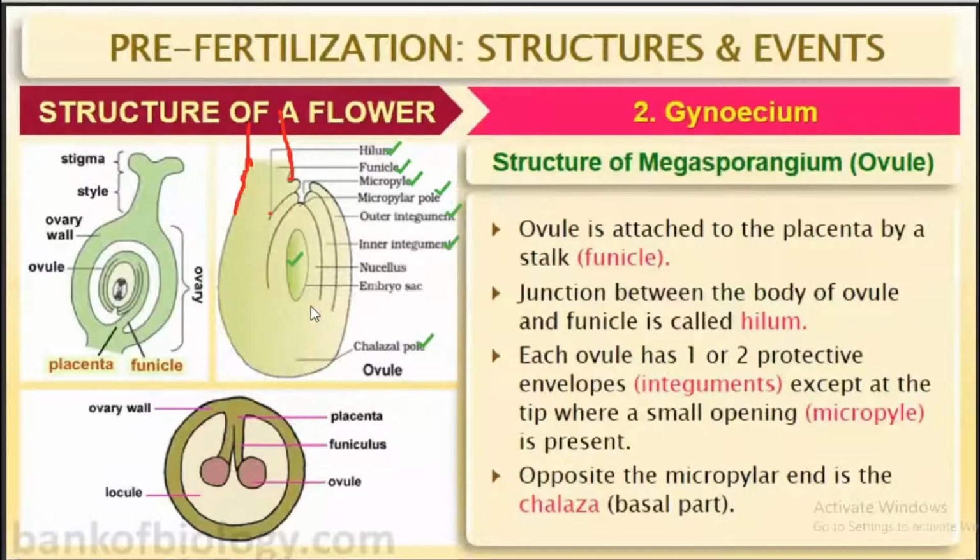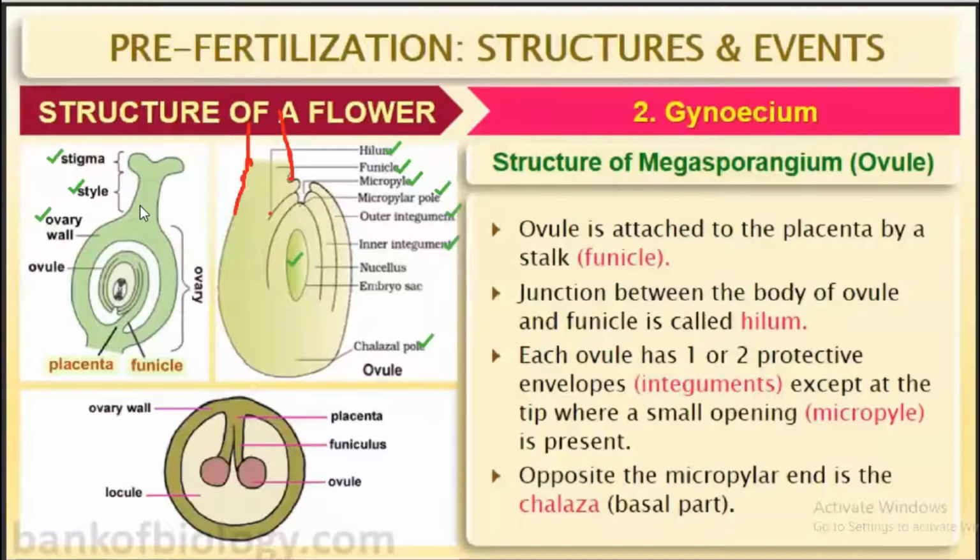Okay, children, listen carefully. Here this ovule is present inside this ovary. The ovary is part of the carpel. The carpel consists of three important parts. Which are they? That is ovary, style and stigma. Stigma is the landing platform for pollen grains.